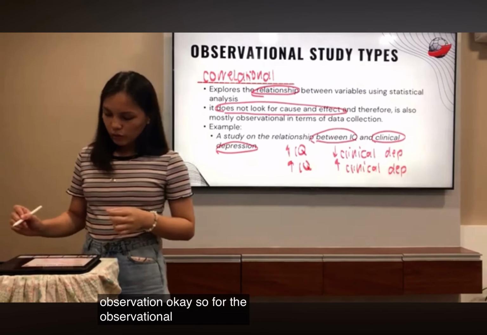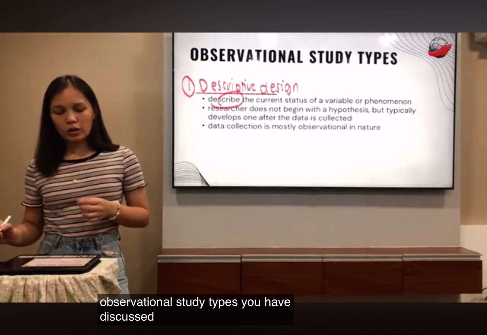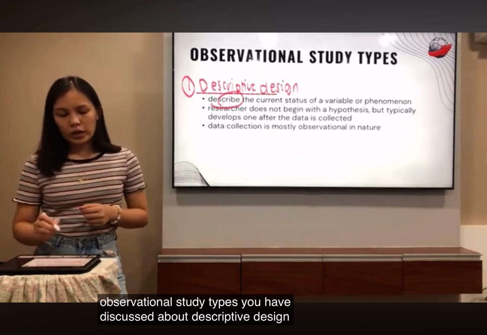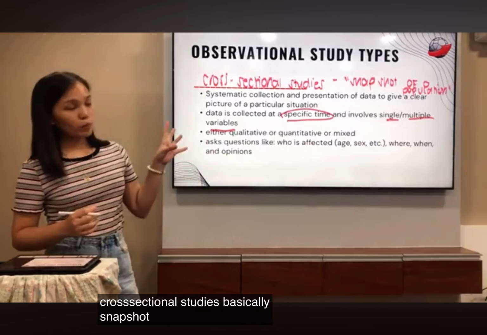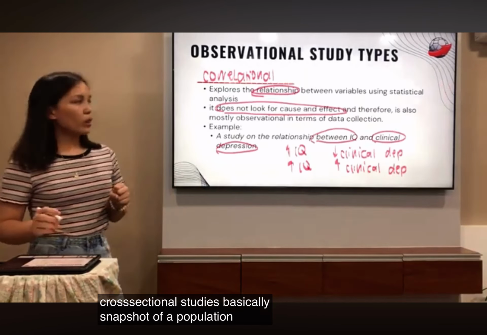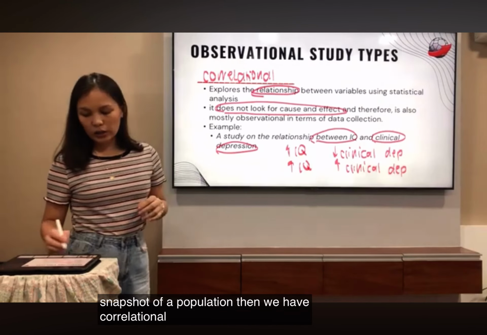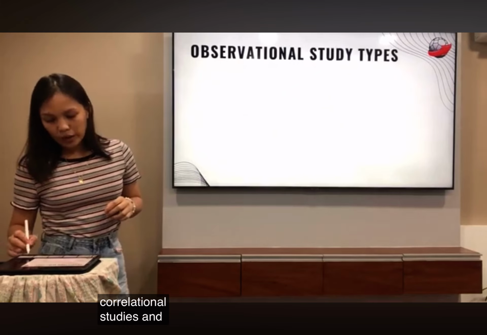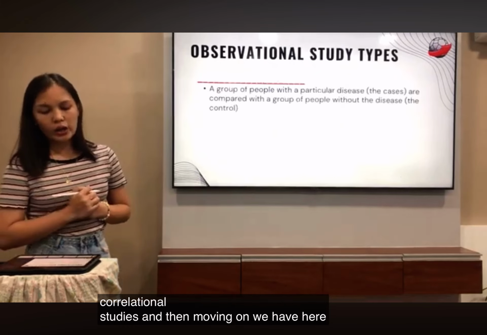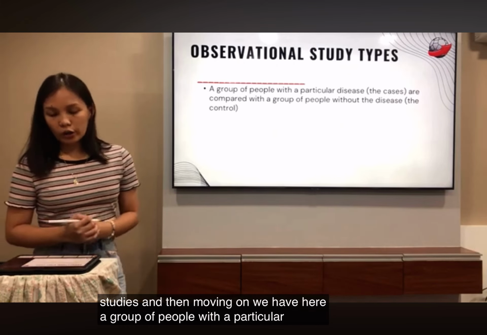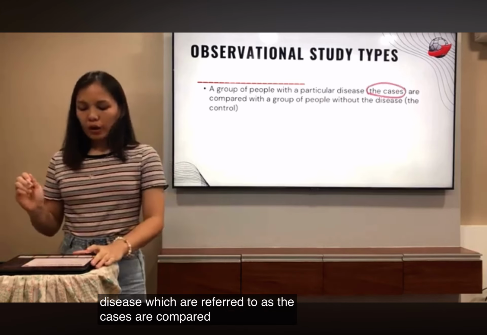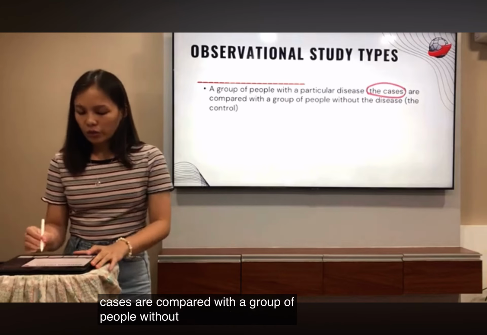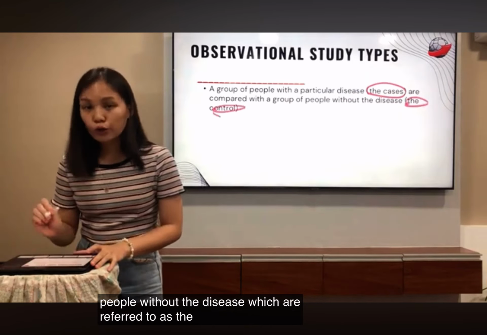Okay, so for the observational study types, we have discussed the descriptive design, we have cross-sectional studies, basically a snapshot of a population, then we have correlational studies, and then moving on, we have here a group of people with a particular disease, which are referred to as the cases, compared with a group of people without the disease, which are referred to as the control.